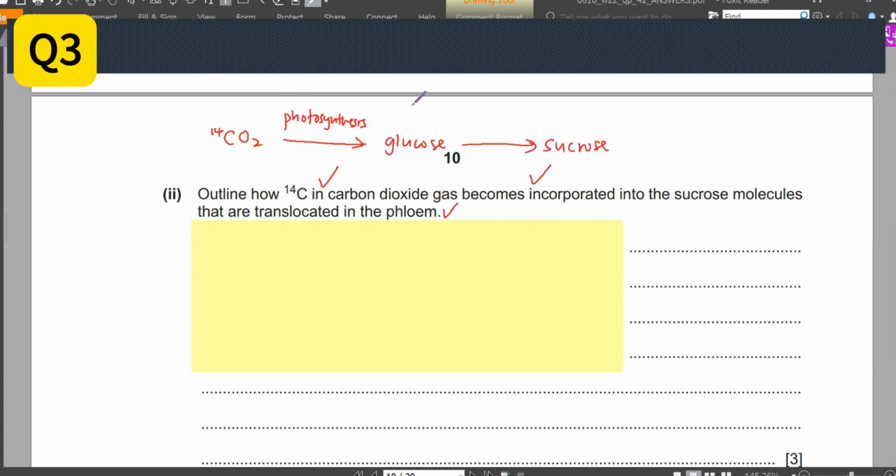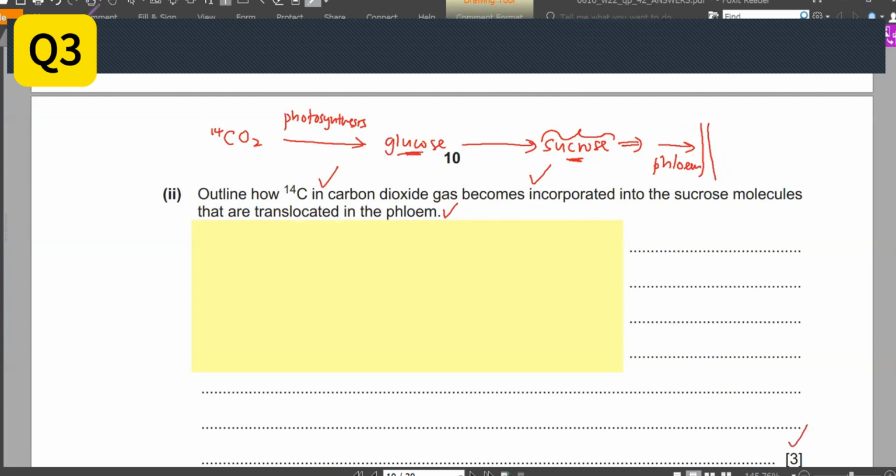Glucose is a single unit of sugar. Sucrose is what we call a disaccharide, so 2 units of sugar, which is more suitable for transport purposes. So the sucrose is the one that will travel in the phloem. That's the main idea.